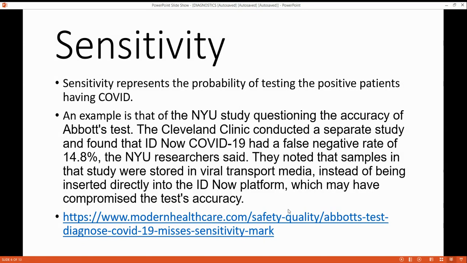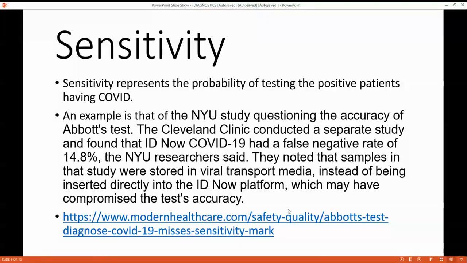But the antigen uses the genome of the RNA virus, and it uses this machine called the reverse transcriptase polymerase chain reaction. What this does is replicate, and if the genome is present, then you turn out to be positive.